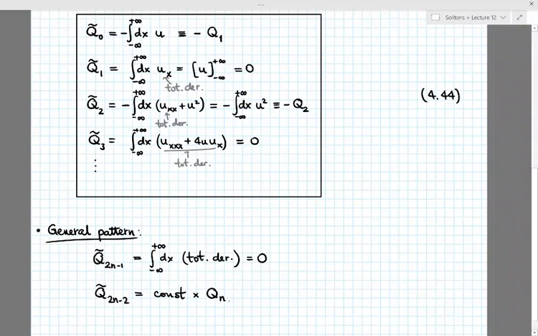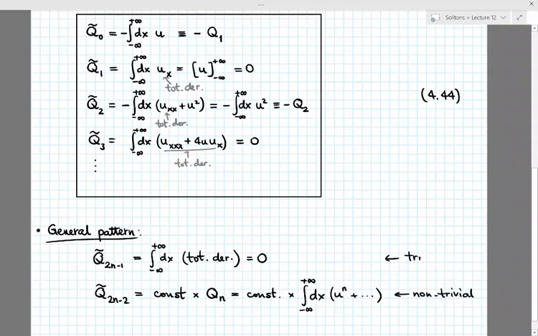So I remind you that the Qn was an integral which starts with the U to the nth power plus other terms. So these are the non-trivial charges, whereas the odd ones are trivial.